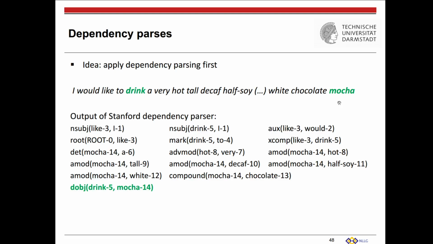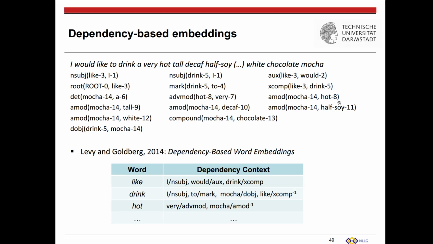So we redefine the context not to be the window surrounding the word, but being given by this dependency structure. Yeah, so that's exactly that. And then once they apply this model, if we have the word like, the context would be I, which is the subject, and would, which is the auxiliary verb, and drink, which is a grammatical complement of the word like. And for drink, the context would be I drink mocha, and then maybe also other things.